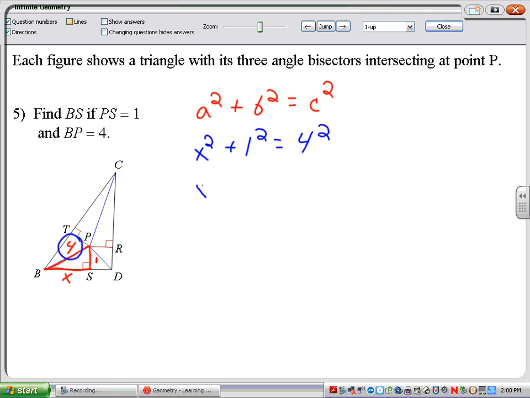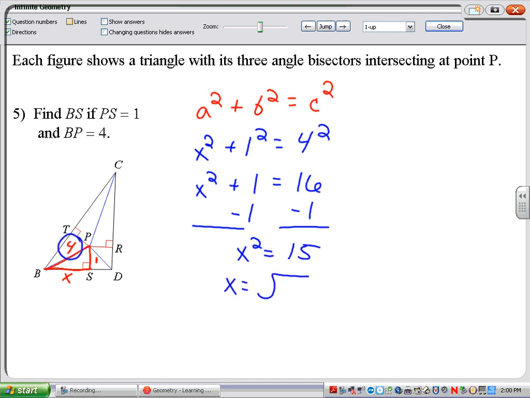Simplify that to be x squared plus 1 is 16. I'll subtract 1 from both sides, so x squared is 15. X then would be the square root of 15, which on my calculator comes out to be about 3.87. So number 5 is 3.87.